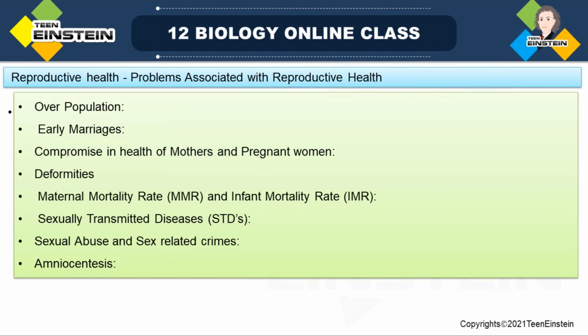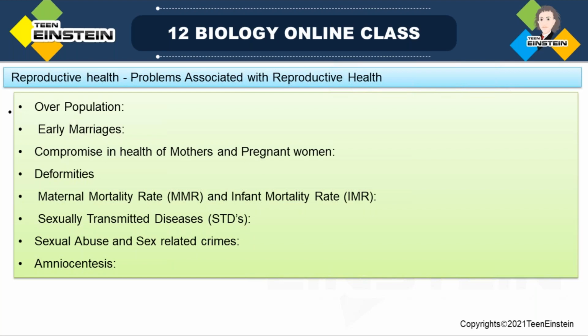Because body fitness is very, very important for the pregnancy period, because a lady is carrying another life inside her, right? So both should have a healthy period during that time. If in early marriages the body is not fit, that may lead to the death of the mother and the baby.